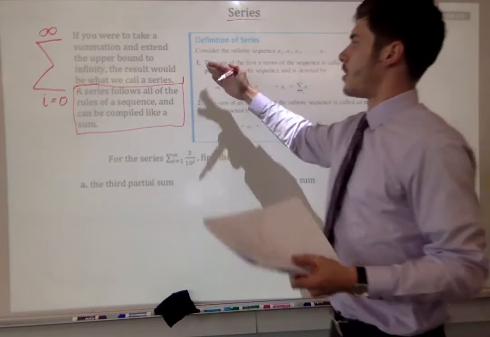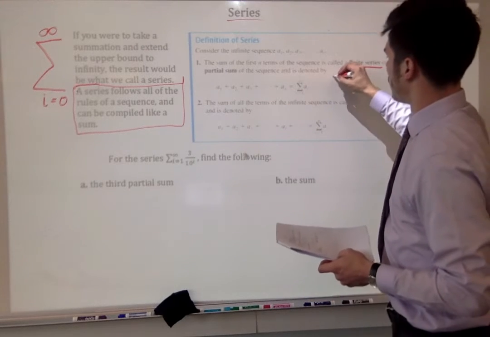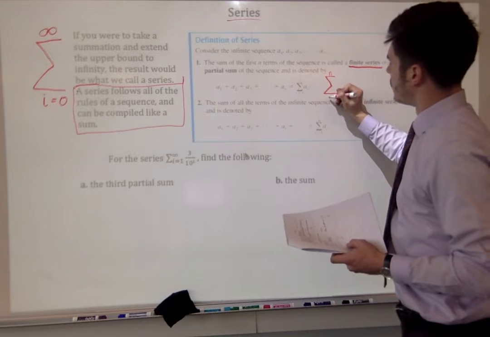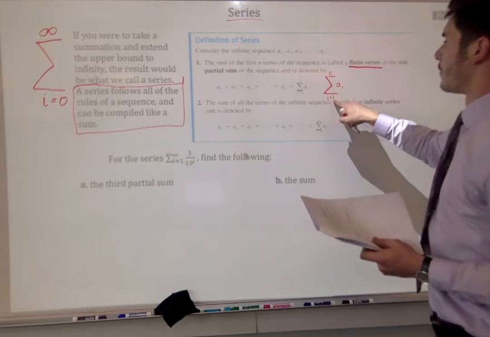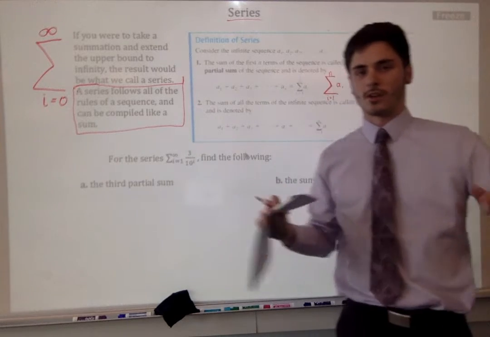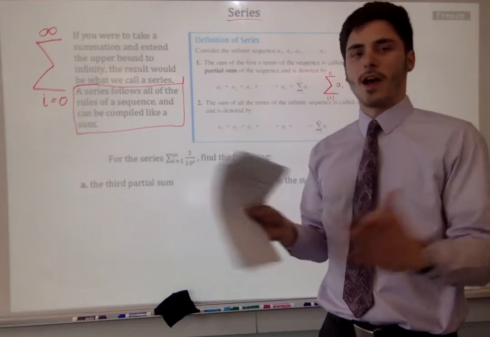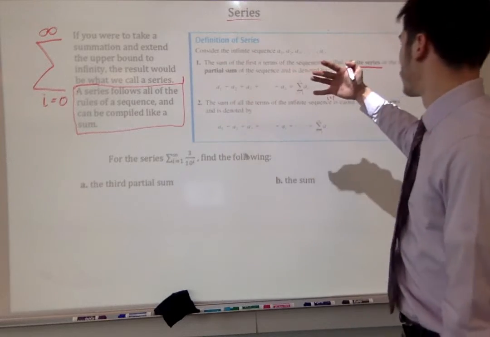Or it's called the nth partial sum of the sequence and is denoted by, I'll draw us a little sigma again, and this is what we already know. It goes from the first term to the nth term, and then it ends there. No more terms are counted. There's a finite set of numbers that we're adding together to find the nth partial sum, or the finite series, sorry.